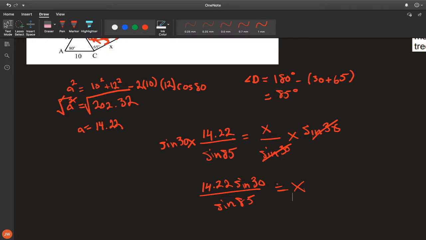Let's plug this into our calculator: 14.22 sine 30 divided by sine 85. So x is equal to 7.14 units, whatever the units may be.